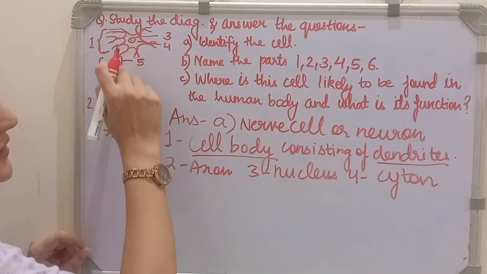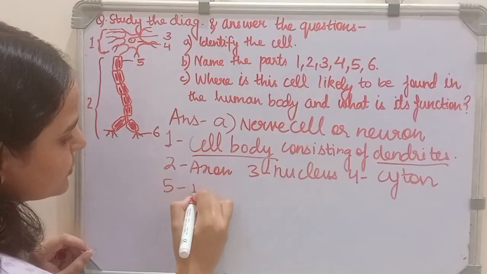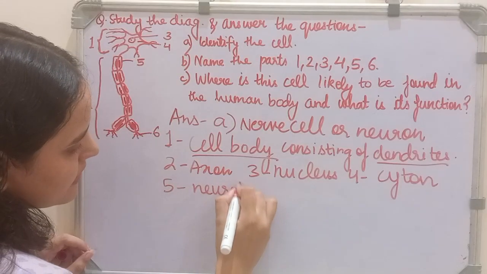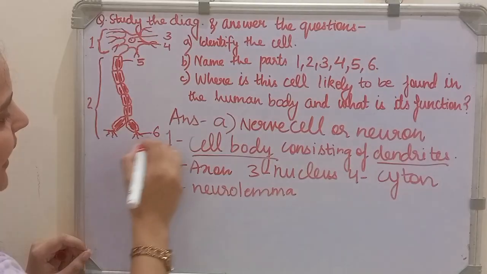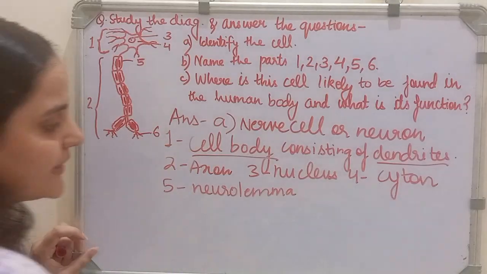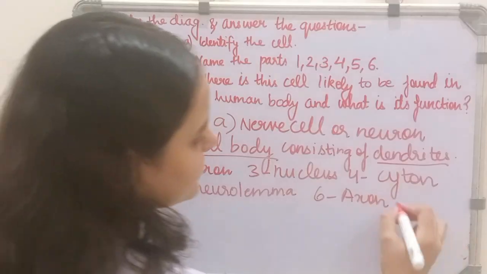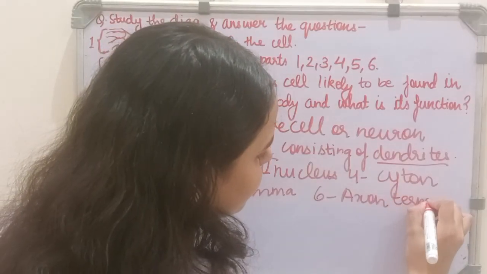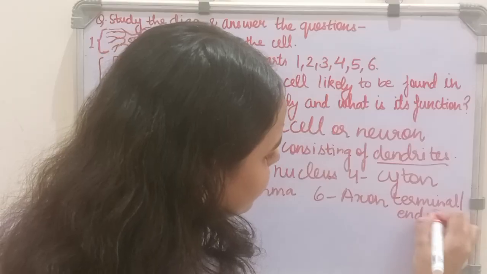It is the outer layer which is depicting this. Now part 6 is axon ending. Part 6 is axon terminal or axon ending.